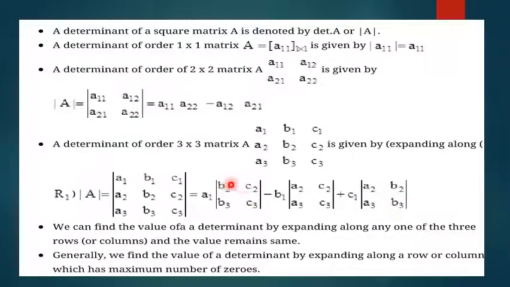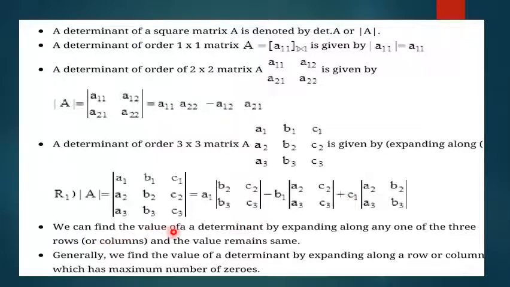Of course you know how to solve a 2 by 2 determinant, by cross multiplying, as we have seen previously. Remember, first A1 is positive, B1 you have to take negative, and again C1 you take positive.